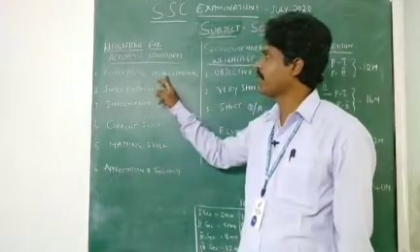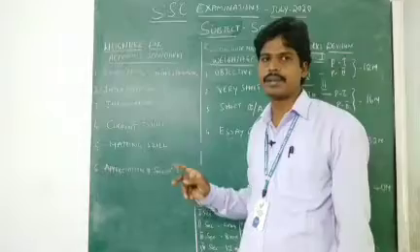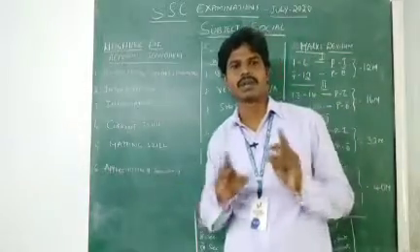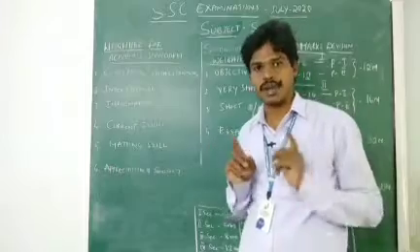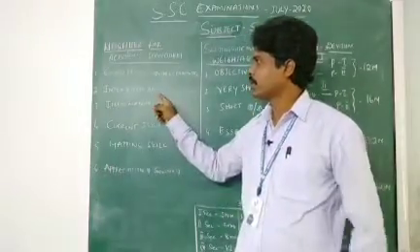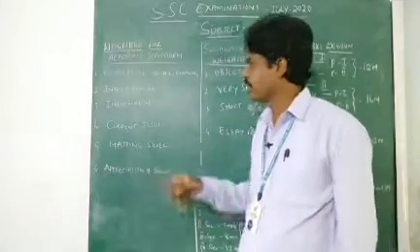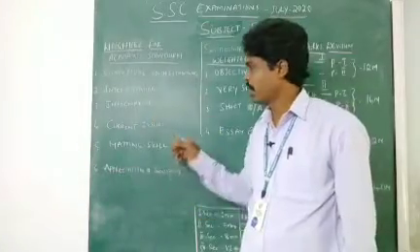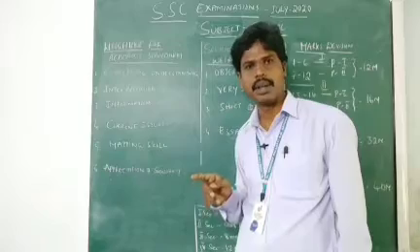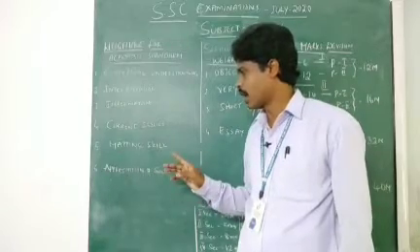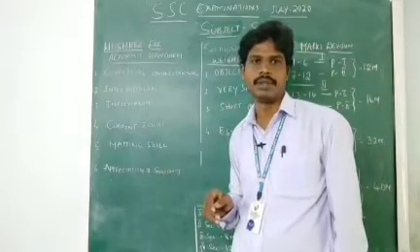I repeat once again, in the social subject we have 6 academic standards: conceptual understanding, interpretation, information, current issues, map skill, and appreciation and sensitivity.